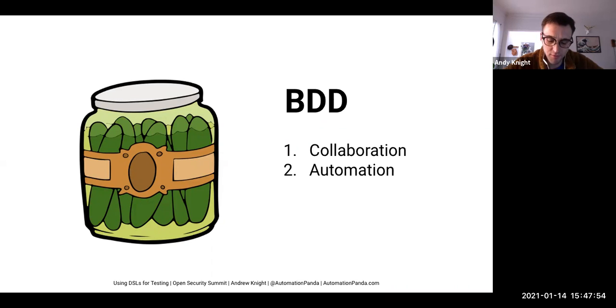So that way everyone's on the same page. You don't waste as much time misunderstanding and miscommunicating things, writing your behavior specs out so that everybody understands them. But the latter thing is automation, because when you write these behavior specs in a formal way, you can then turn them into automated tests. And for the automation, it uses a domain-specific language called Gherkin. And so this changed everything for me.